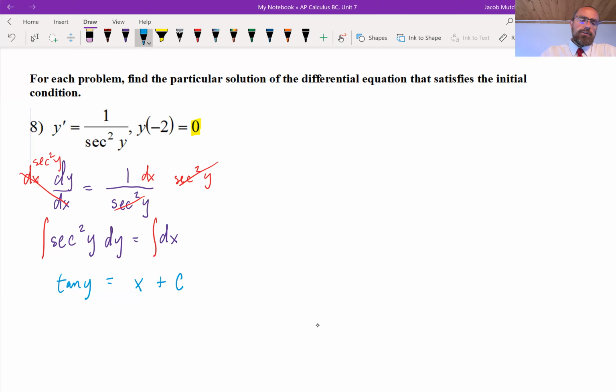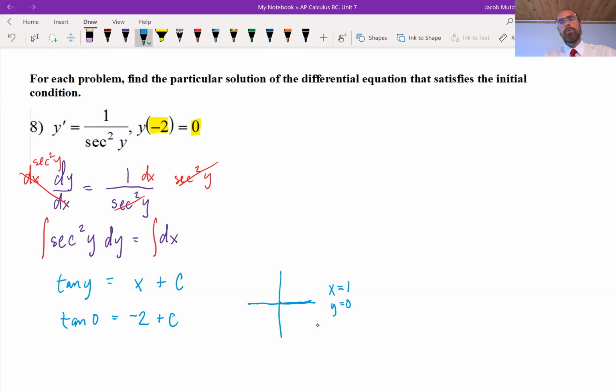So we'll have tangent of the initial condition: when x is -2, y is 0. So tangent of 0 equals -2 plus c. Again, that -2 is the x value of my initial condition. So we're ready to solve for c. I'm thinking on the unit circle, I have to evaluate tangent at 0. That's that unique triangle. It's very much a flat triangle where my x or horizontal value is 1, my y value is 0.